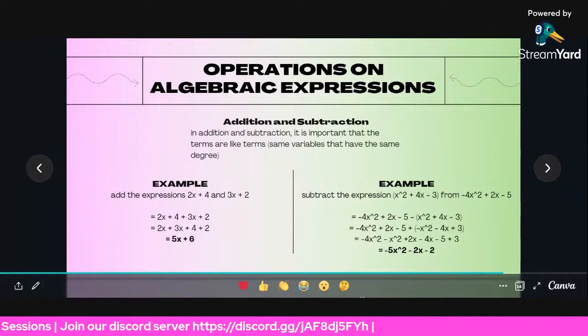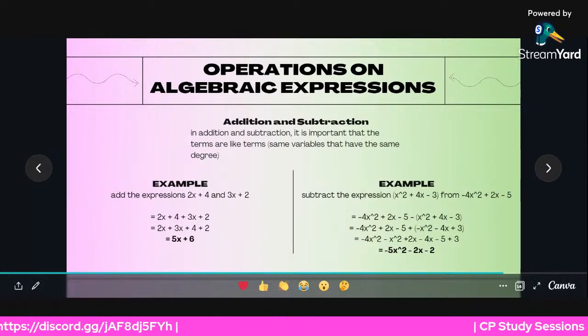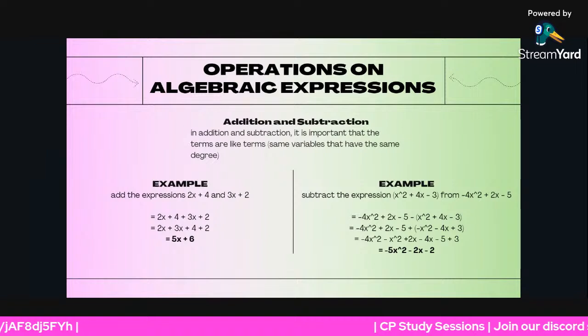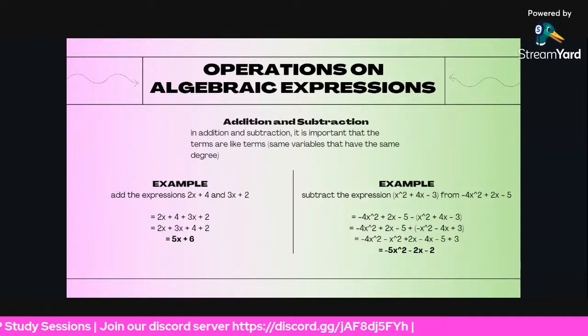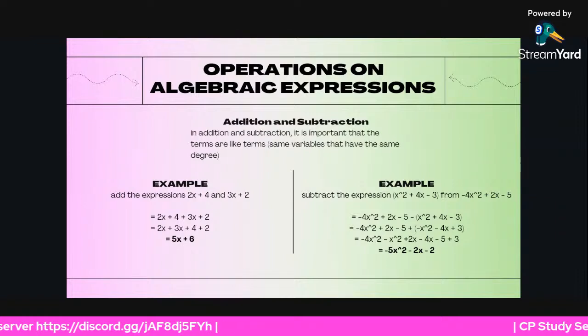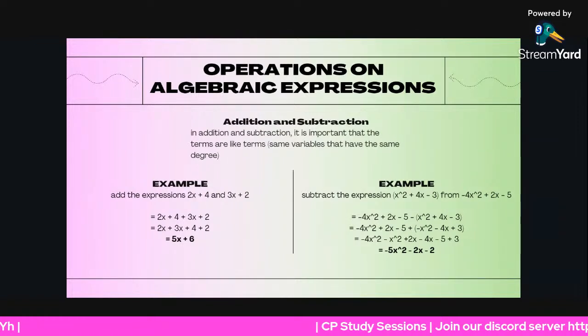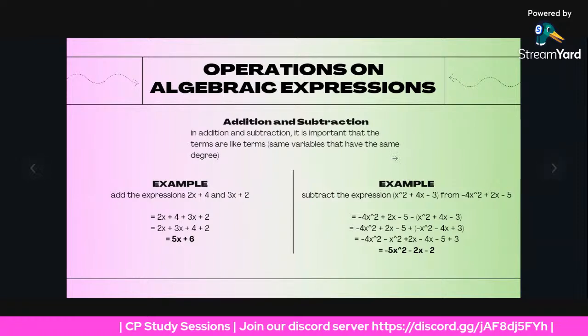So, malinaw ba tayo sa addition? Ayun, wala namang nagko-comment ng clarifications. So, proceed na tayo sa next example, which is subtraction.